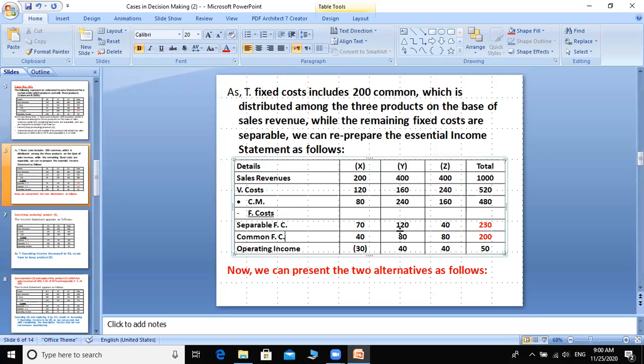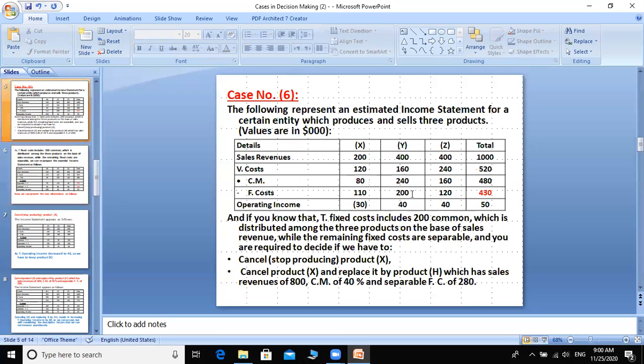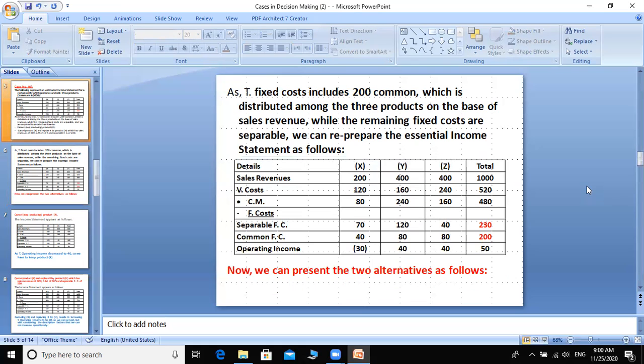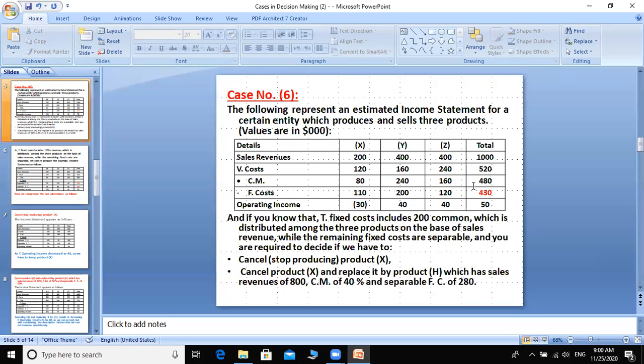120 total, 200, 110. As you see here, 120, 200, 110. The result is the same: negative 30, positive 40, positive 40. As a total, I have operating income of 50. Now, we can present the two alternatives as follows. The first alternative is canceling X. So we will prepare this statement again without X and see the result.